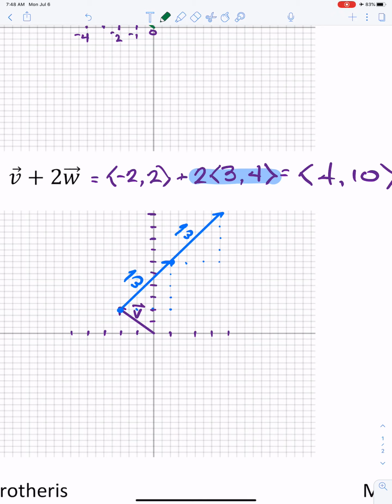According to the math, I should be at 4, 10. 1, 2, 3, I don't know how to count, 4. Up, 1, 2, 3, 4, 5, 6, 7, 8, 9, 10, right there.